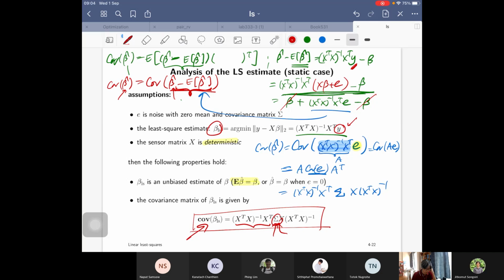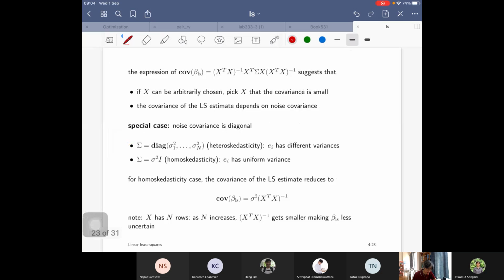We also observe that the regressor matrix X plays a role in the covariance in this way, which means that if in your application you're the one who can decide what the regressor matrix would be, it is possible that you can pick X such that the covariance is small.